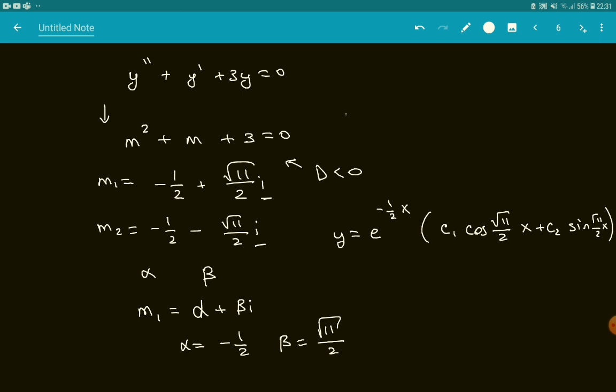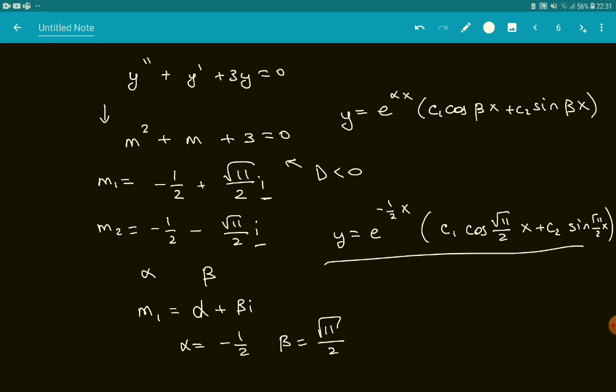By the way, if you forgot, our equation for case 3 was y = e^(alpha x) (c1 cosine beta x plus c2 sine beta x). Just like this. So this is the answer for our question. So easy, right?